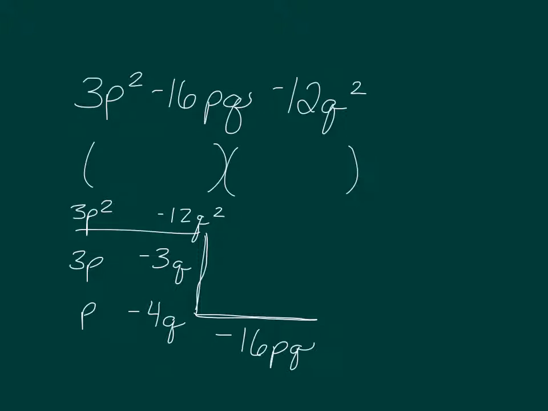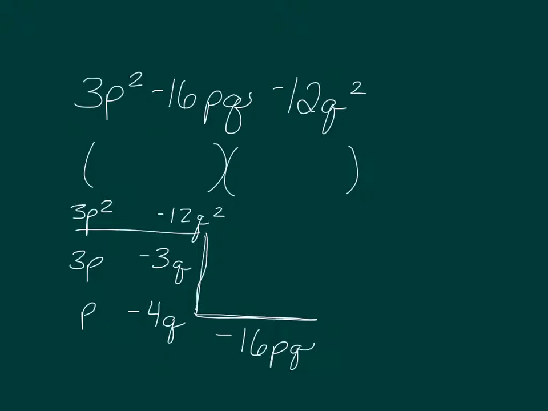So let's see, 3 times negative 3 is going to be negative 9PQ. And P times negative 4 is negative 4PQ. So 9, 10, 11, 12, 13. That's only negative 13. I need negative 16. So something's wrong.